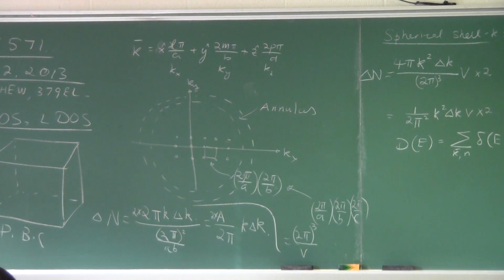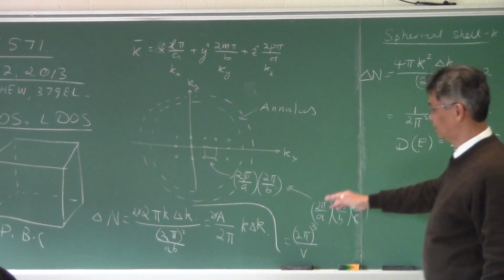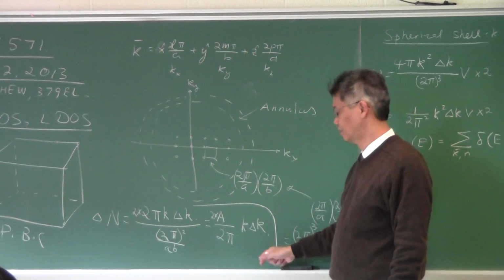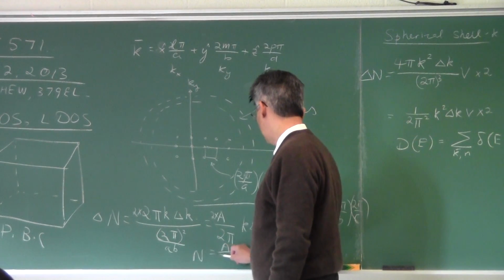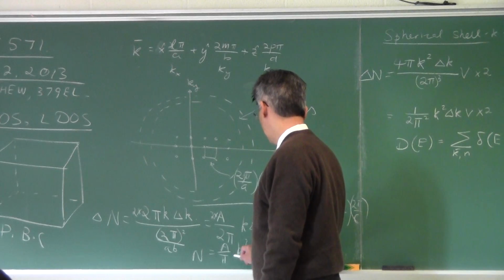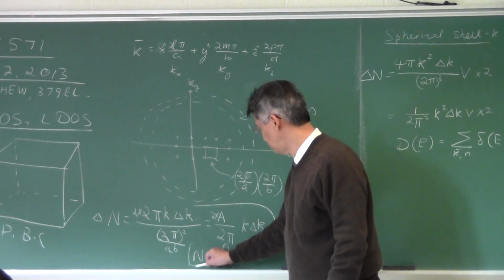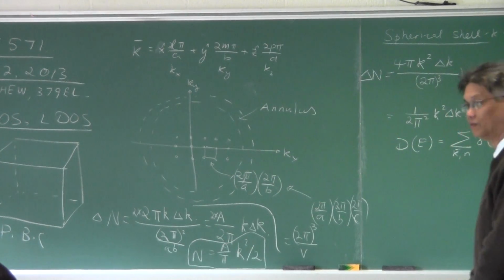Once you have an annulus, you can generalize it to a circle by just integrating this. N will be given by A over pi, a squared over 2, by that integration rule, which is the number of states inside a circle.